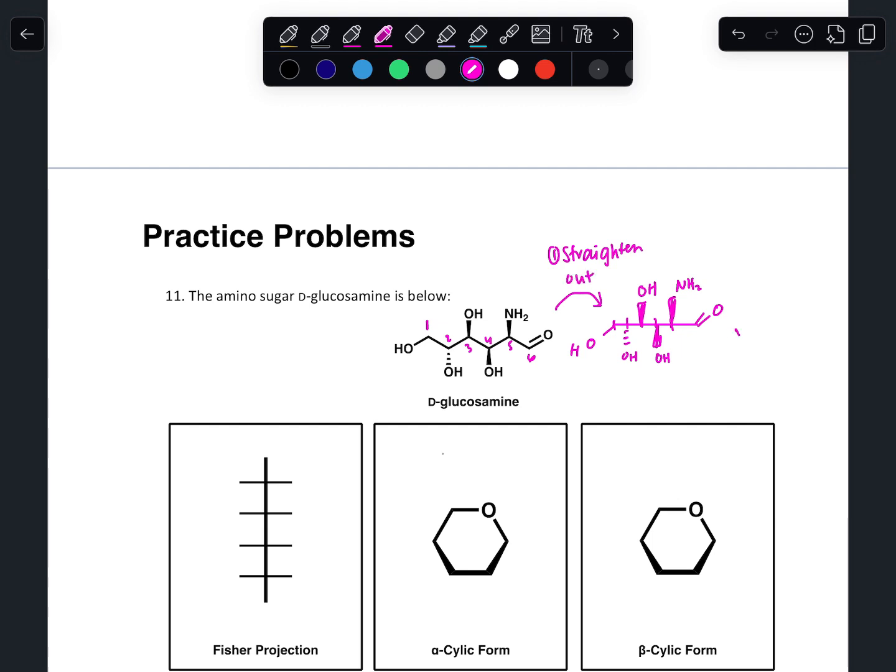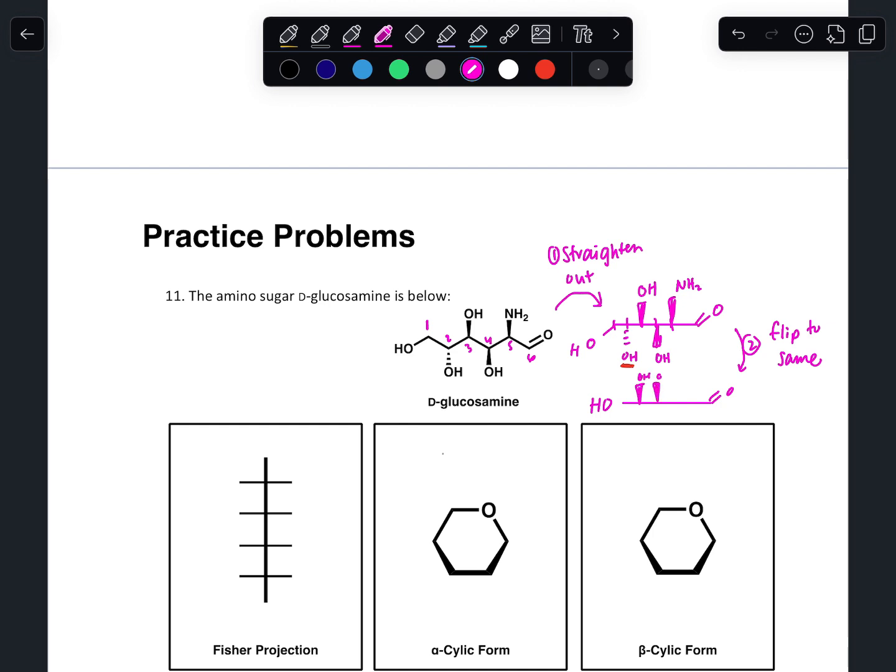The next step, we are going to flip everything to be on the same side. So when we flip, we change what kind of wedge we're going to use. So although this one is dashed going down, when we put it up, it'll be a wedge.